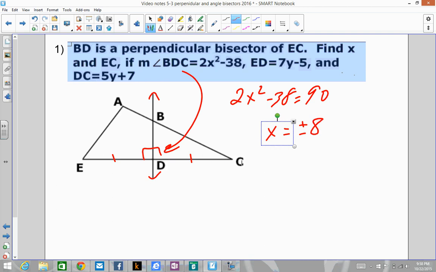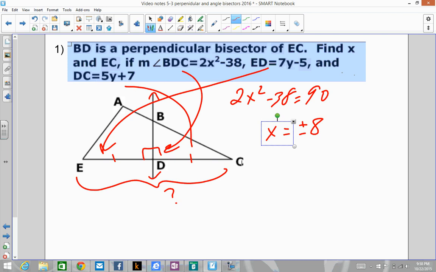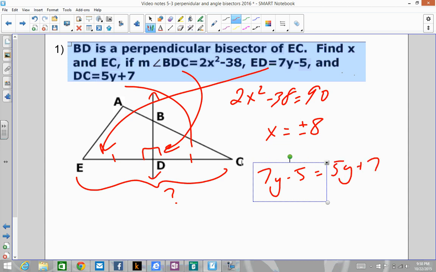For the two segments here, we got DC, which is equal to this one, ED, which is equal to this one. This problem asked for EC, so the problem wants this whole thing at the end. And so what we get here is 7y minus 5 equals 5y plus 7. When we solve this, we get y is equal to 6.